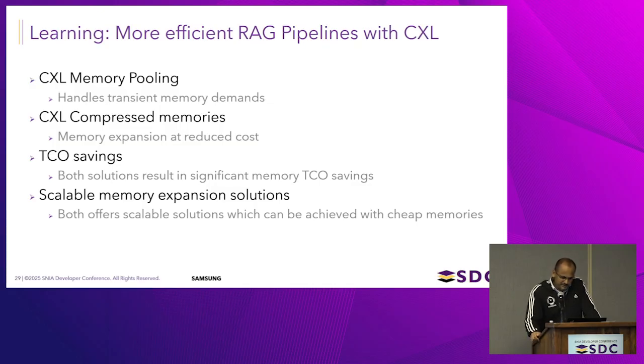The second scenario is about CXL compressed memories. With this approach, we could expand capacity cost effectively. It provides TCO benefits by means of a cheaper memory, you can say. The key point is it provides memory expansion. The third point is both solutions give us TCO benefits in different ways.